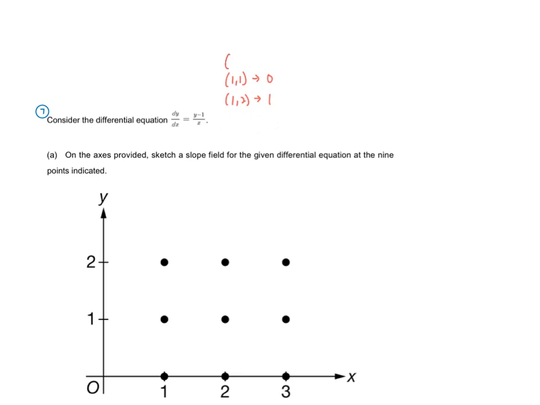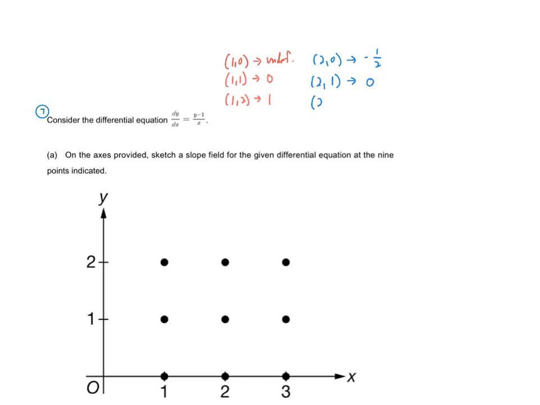Okay, first point should be 1, 0, I think. And that's undefined. Alright, and then now 2, 0. Plug in 2, 0. You get negative 1/2. Plug in 2, 1. You get 0.